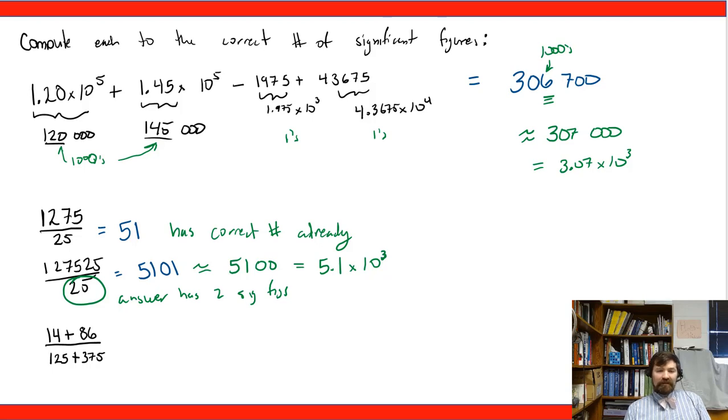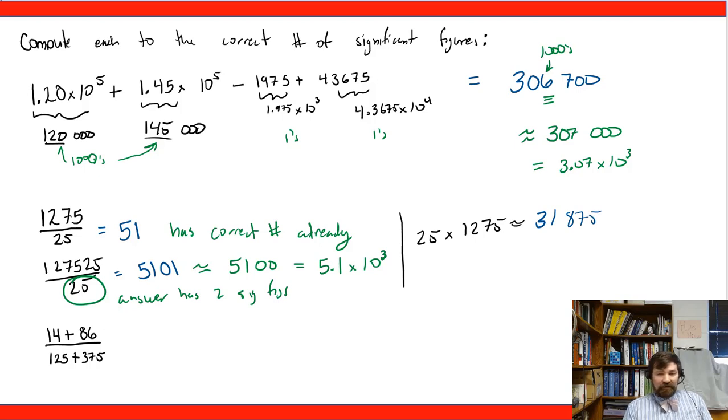Okay. And again, this works for multiplication as well. I've kind of done all division problems. If I were to multiply these two numbers, so if I were to do 25 times 1,275, 25 times 1,275 is 31,875.